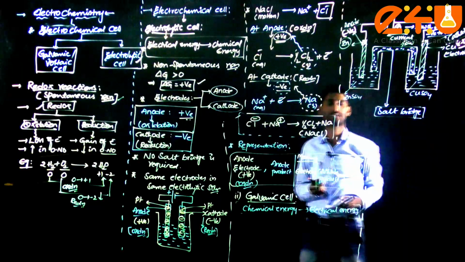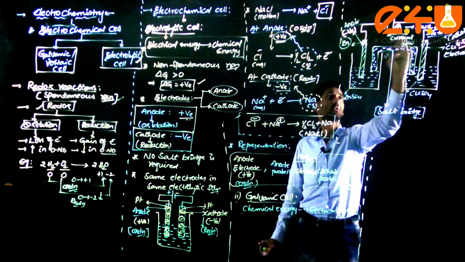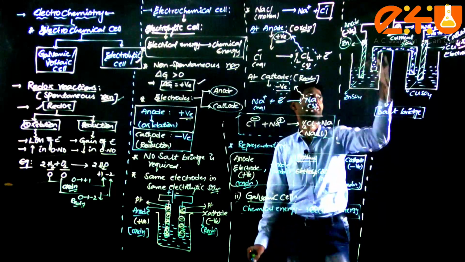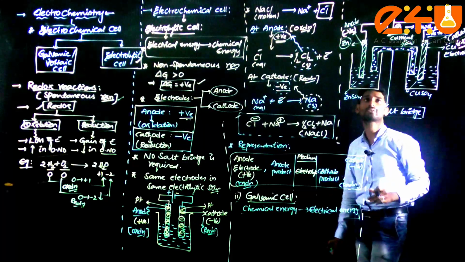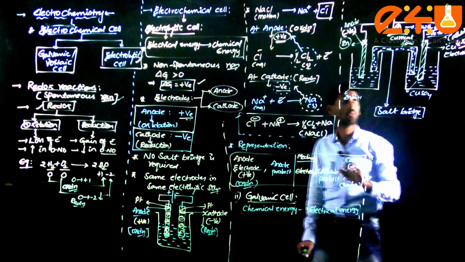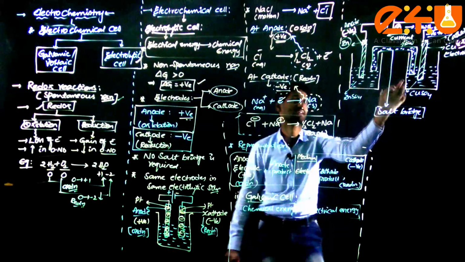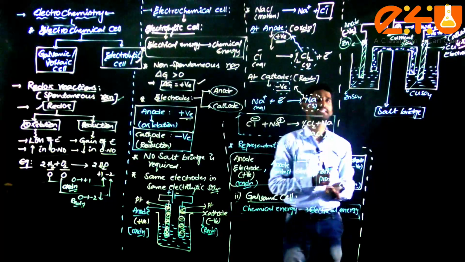This is very, very important, dear students. Current flow is from positive to negative, whereas the flow of electrons is quite the opposite. This is the salt bridge. Now this is the experimental setup.